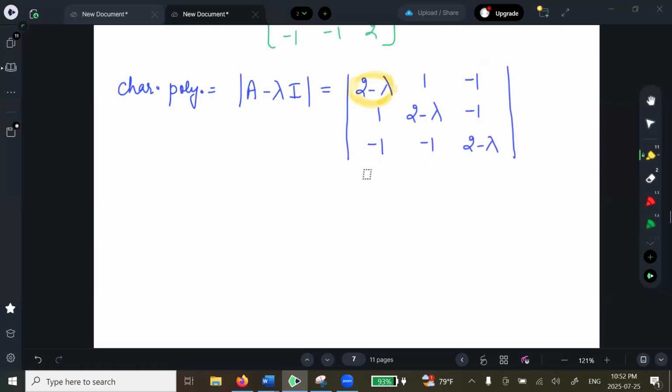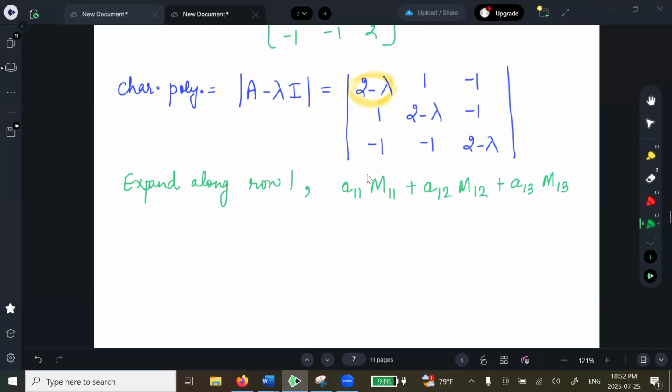So I'm going to expand along row 1. If you recall the formula, it's A11 times the minor plus A12 times the minor, A13 times that minor, right?